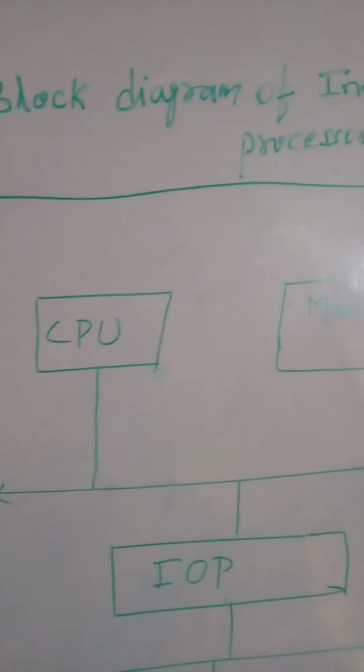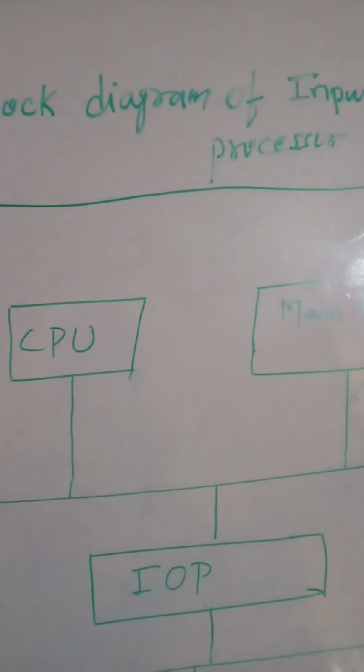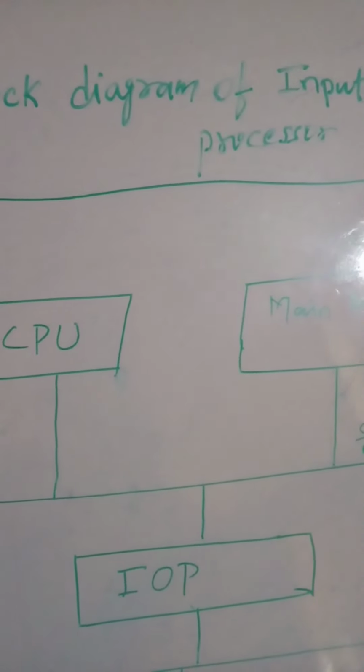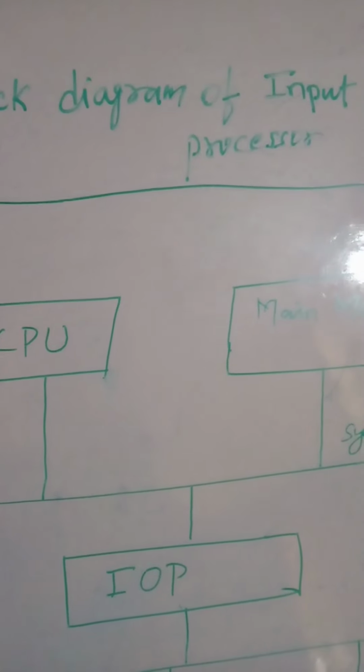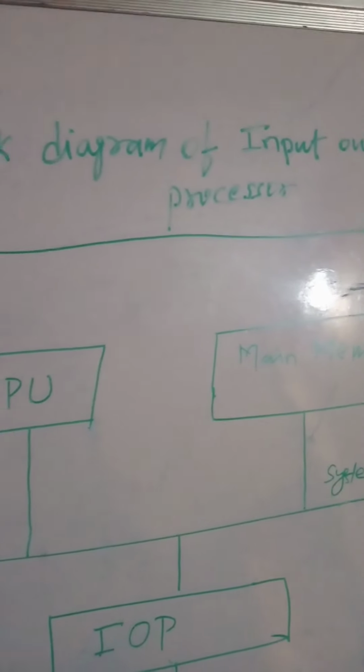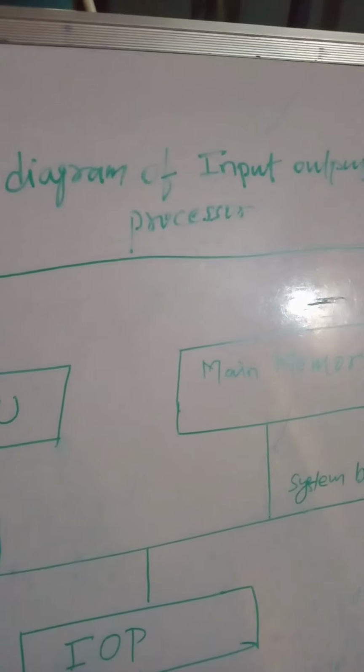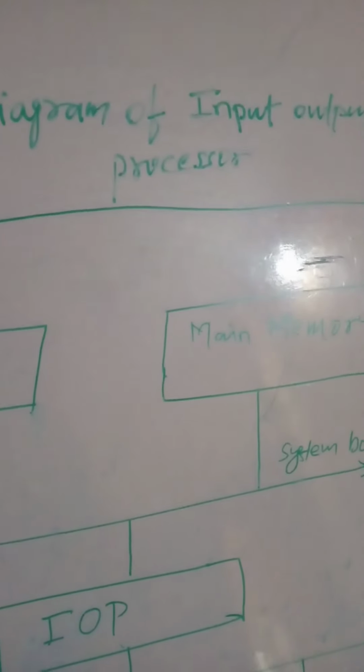Such parallelism is necessary to avoid wastage of valuable CPU time while handling IO devices whose speed are much slower as compared to CPU.